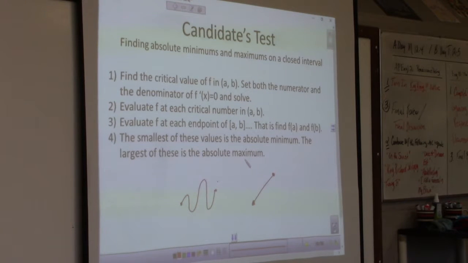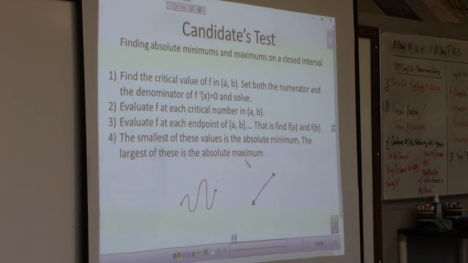So 3 or 4 days after the exam, we're sitting there, and I'm working one of the free response problems that they did on the AP exam. And I work one out and find the absolute minimum, and it's at an endpoint. And I turn around to see 2/3 of the kids in my class with their heads in their hands. And I said, let me guess, you forgot to check the endpoint. And they all nodded their head.